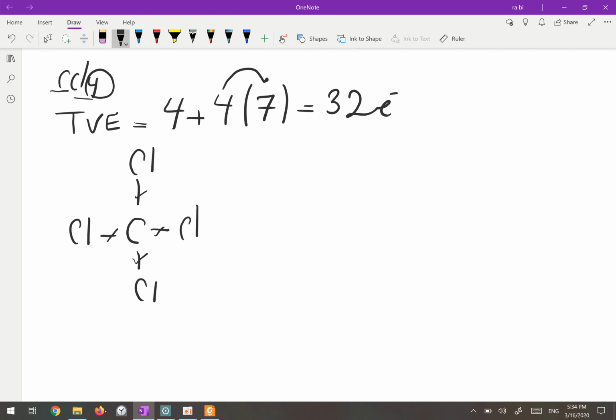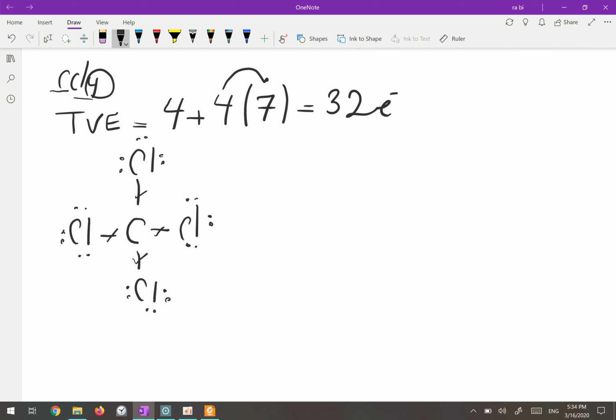But each chlorine has only 2 electrons, so we have to add electrons to make them octets. So this chlorine becomes an octet, this one becomes an octet, and these ones too. Now all of the atoms satisfy the octet rule.